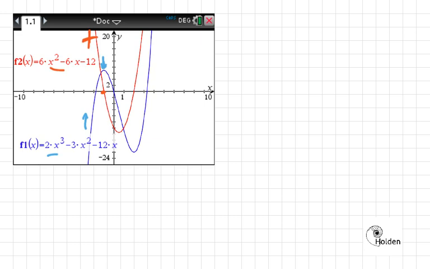Again, we follow the red, we're back at 0, our function is at a minimum, and then as we increase, we're back to a big positive gradient, and that's what's happening with our function.